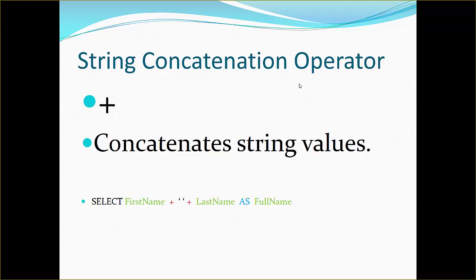Most of the time, if you are dealing with numerics, then the plus sign will act as an arithmetic operator, in which case it will add one number to another. But if you are dealing with non-numerics like characters, strings of characters, then the plus sign acts as a concatenation operator. Okay, let's see what the difference is.